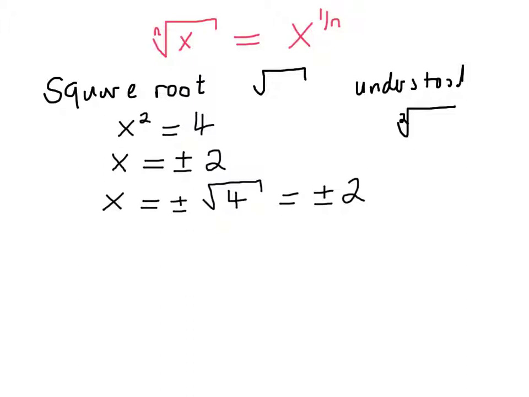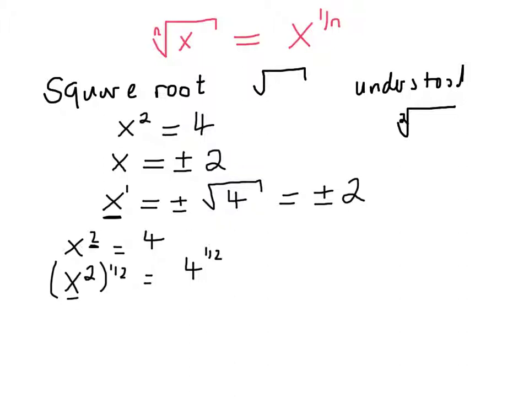If I go back to that equation again, x squared is equal to 4. To get rid of that squared and just be left with a power of 1, as I need here on this answer, what I could do is raise both sides of this equation to the power of a half. So here it'll be 4 to the power of a half. If I do it to one side, I have to do it to the other.